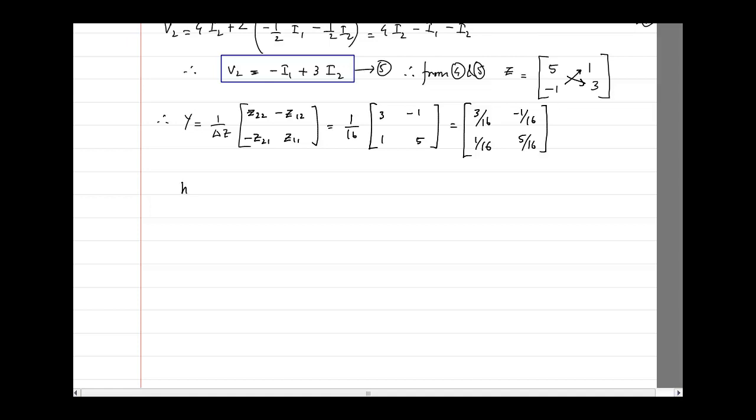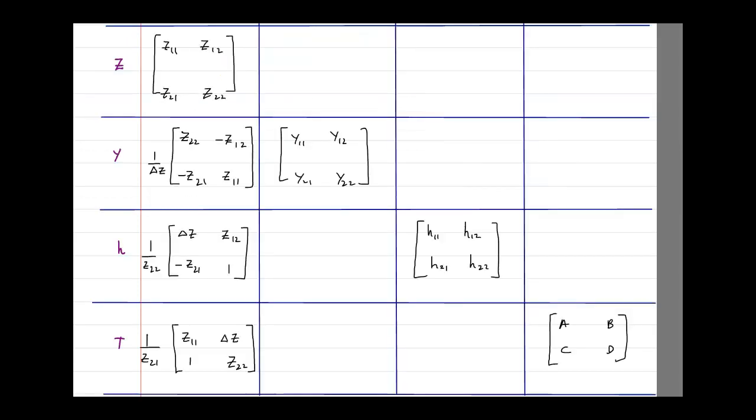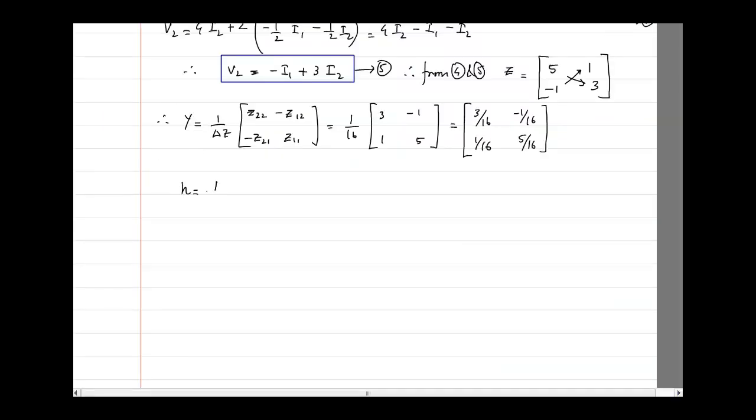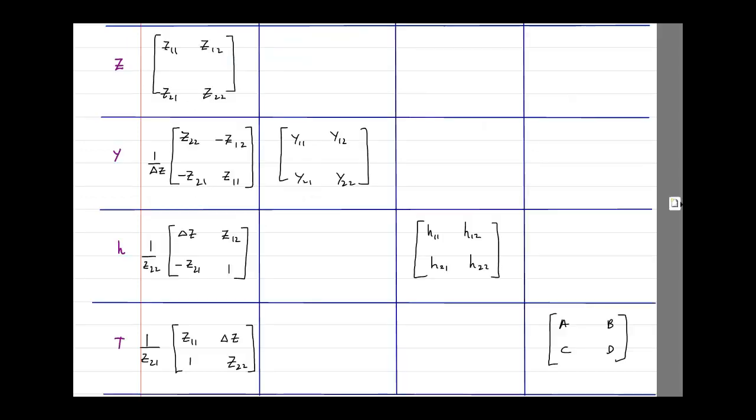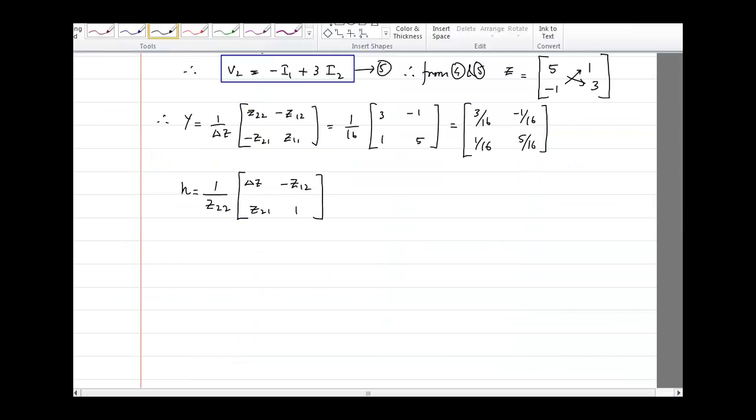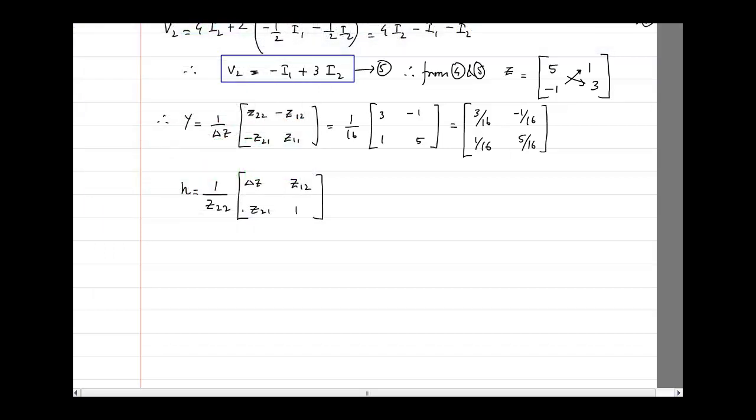Similarly, what about the h parameter? The h parameter is given by 1 by z22 and then delta z, z12, z21. Let me check. Here it is going to be plus and here it is going to be minus.